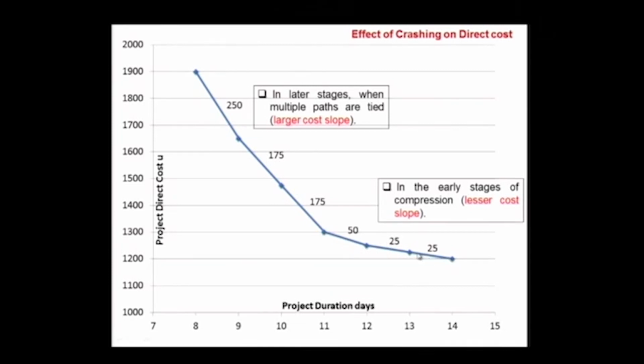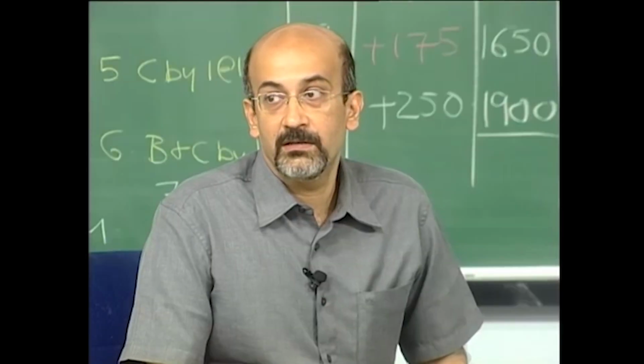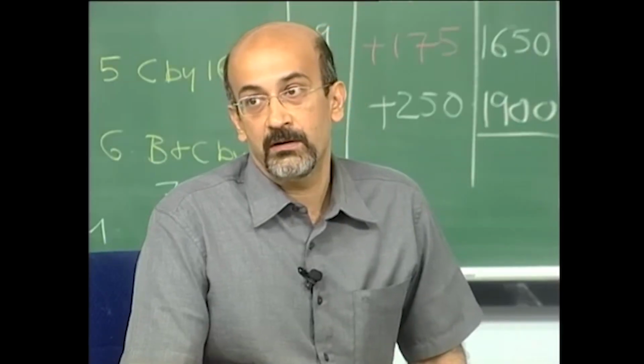So we went, this was the first step of A, D, C and B and C. So this is typical, and this graph shows the minimum direct cost of the project as we reduce duration.